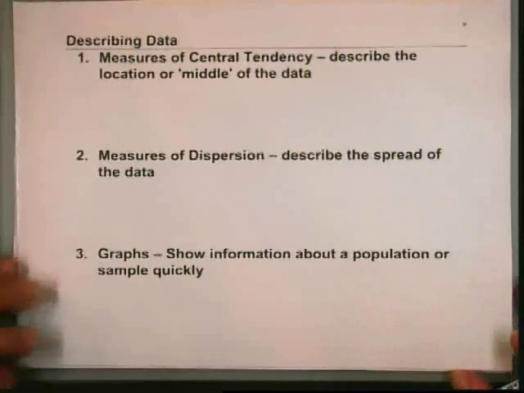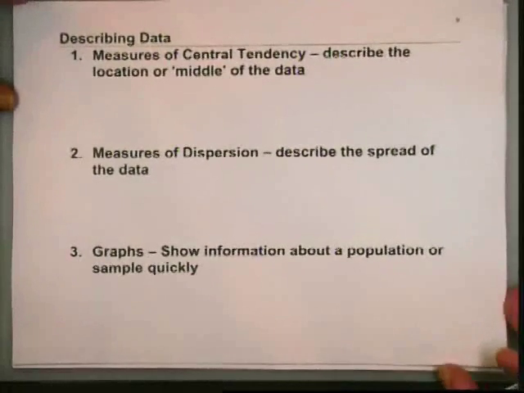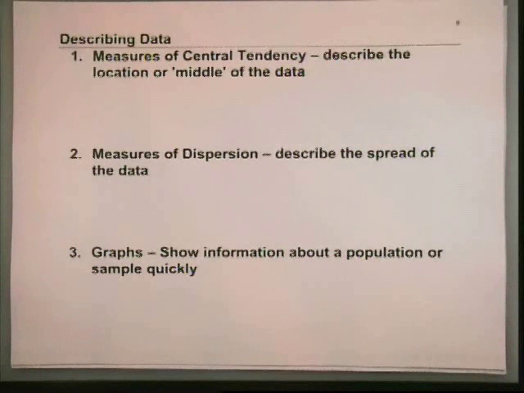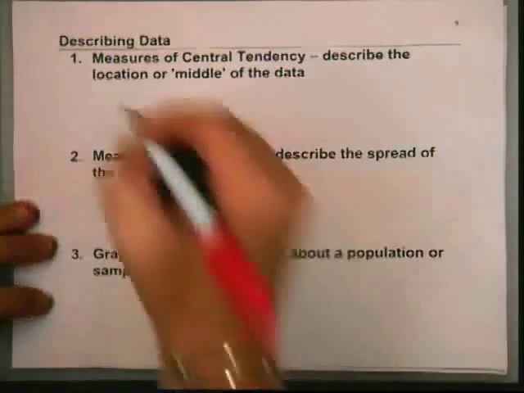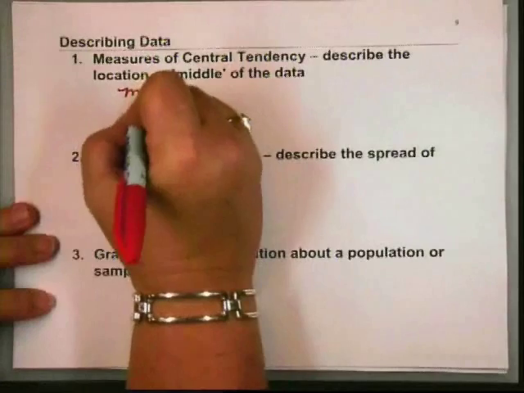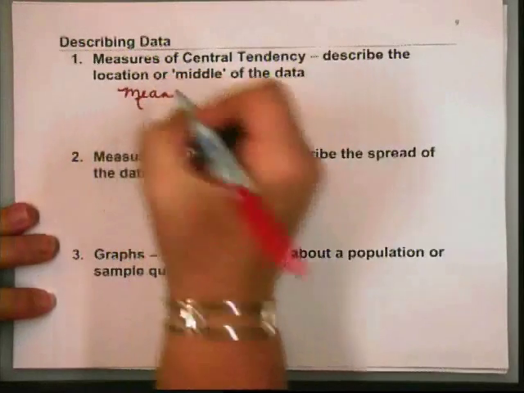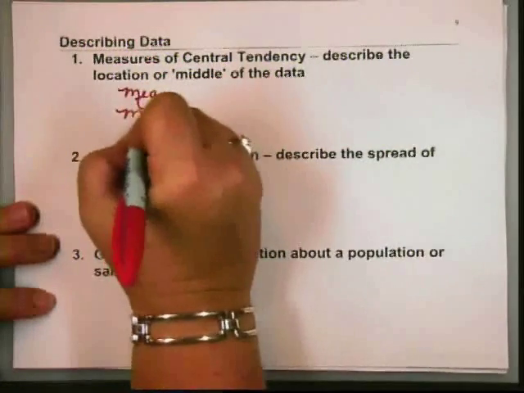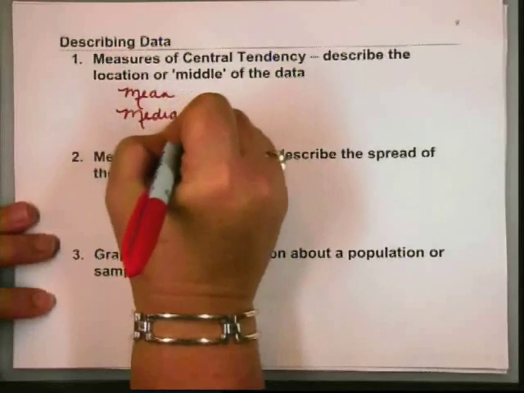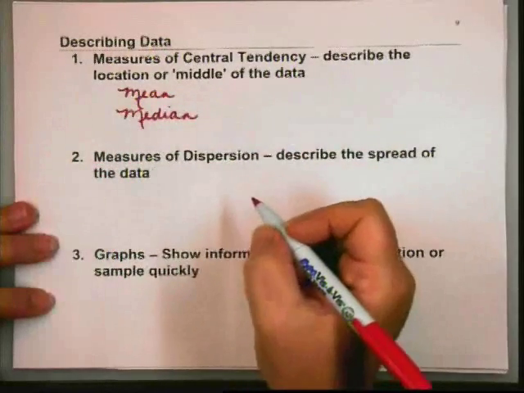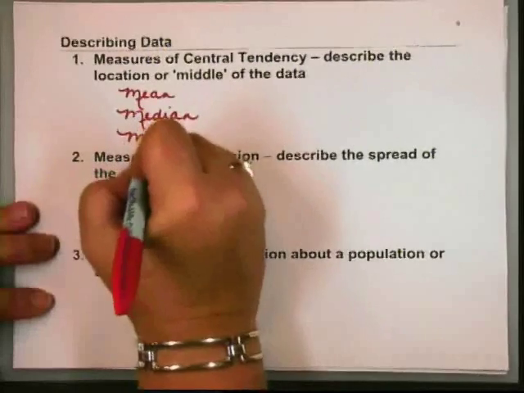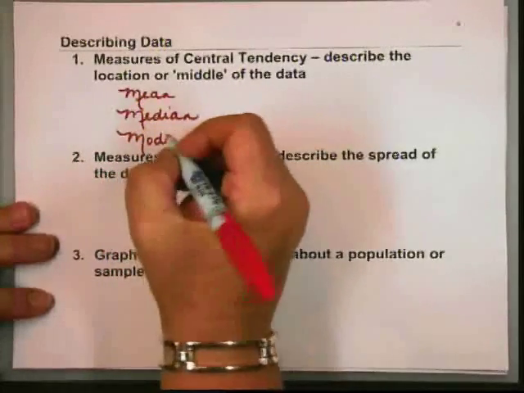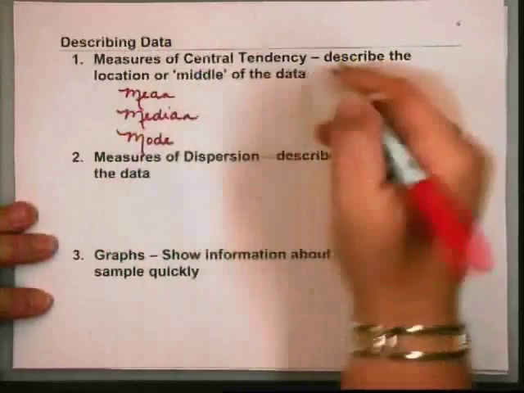When we have numeric data, we talk about measures of central tendency to describe the middle of this data, whether it's sample or population. Where's the middle of this data, and how do we describe that? Values that we can use for numeric data are the mean or the median. We'll get into the specific definitions of these in just a little bit. We can also talk about the mode. We'll go through these three in detail.